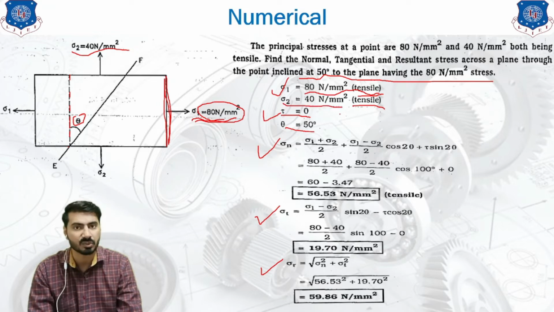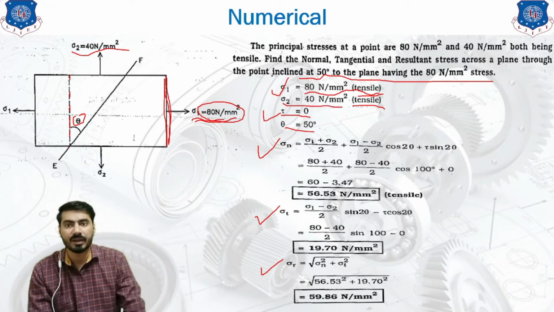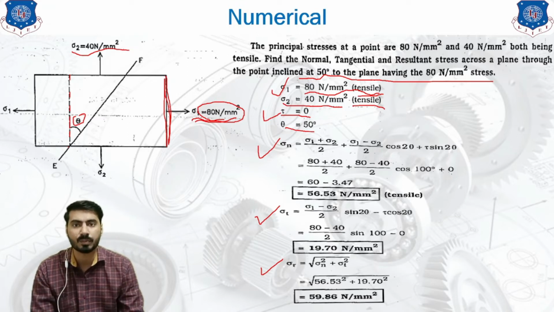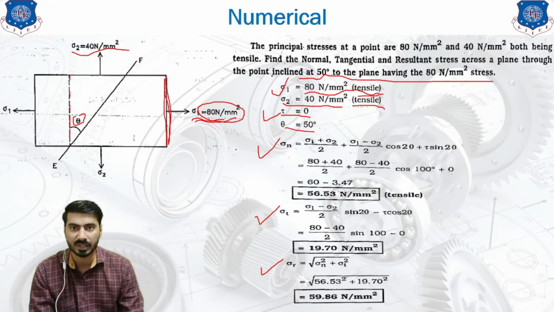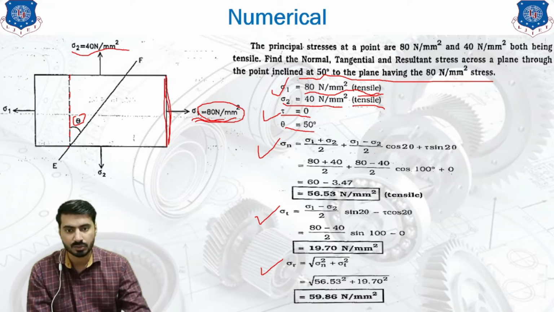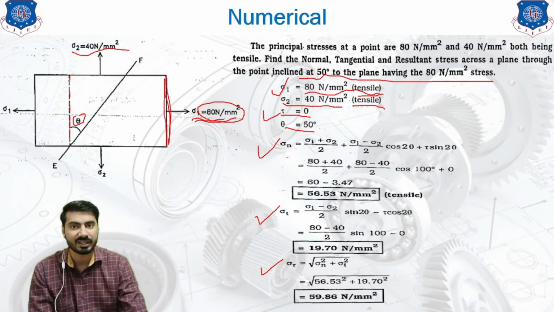But remember this thing: whenever a student forgets to apply the sign convention, they will get the wrong answer after the calculation. Even after simplifying and using the same formula, they will get the wrong answer. So make sure you are applying the sign convention before starting the calculations.